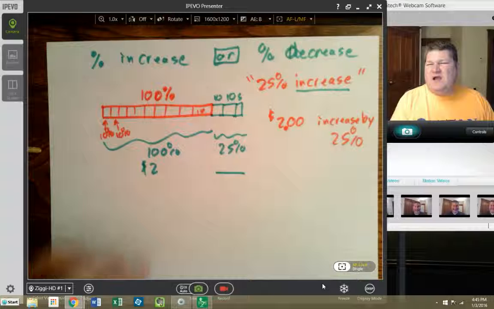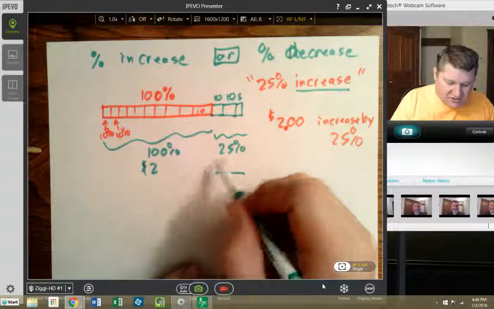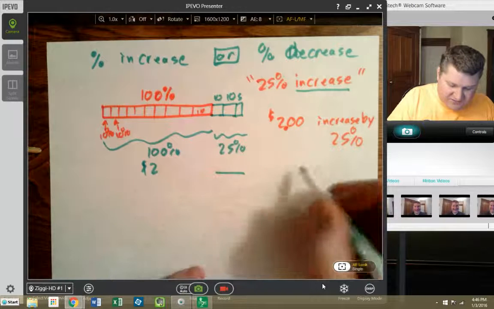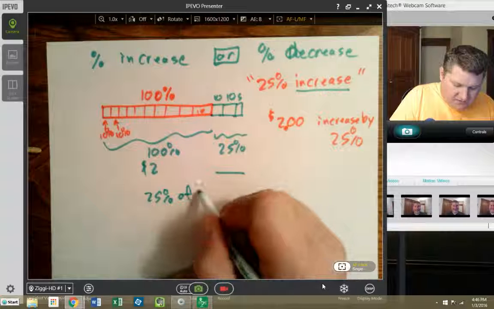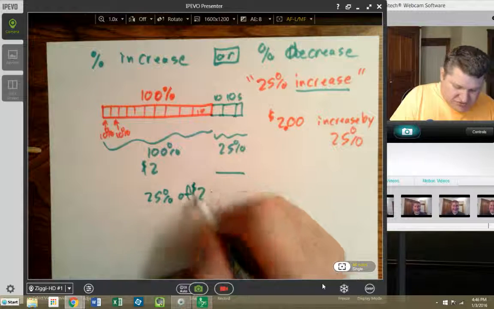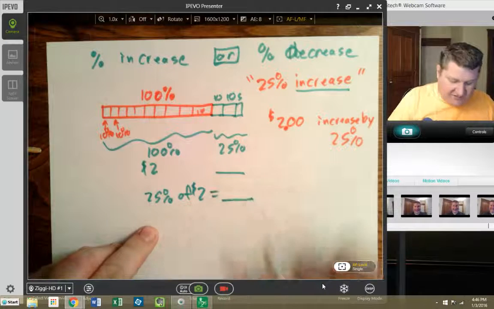Now, I don't quite know what amount that is, but I can say, well, what's 25% of $2?